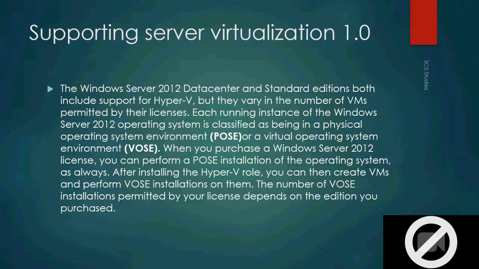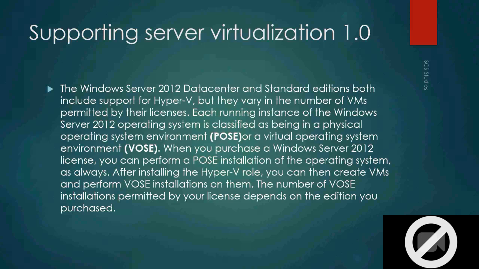Each running instance of Windows Server 2012 is classified as being either a physical operating system environment, which is POSE, or a virtual operating system environment, which is VOSE. Let's take a look to understand what POSE and VOSE are. POSE means the physical operating system environment.